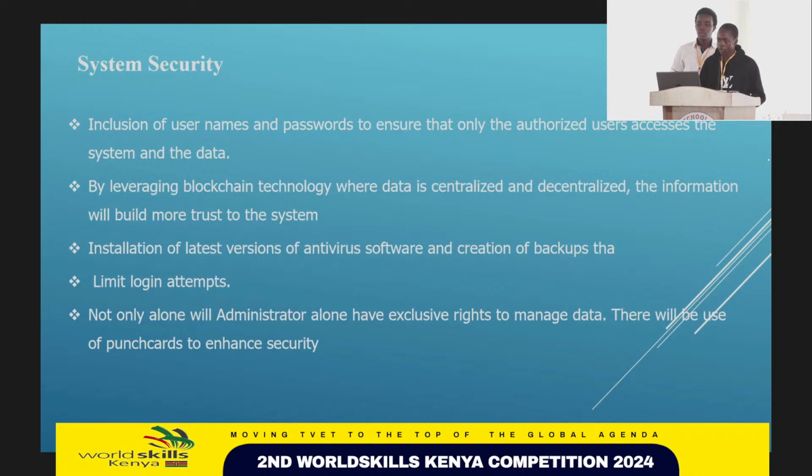We chose blockchain because it's transparent, it's secure, and it brings out the goodness of technology. Those who know about crypto know about blockchain. There will also be punch cards, where the administrator not only has complete access but must have a physical punch card.